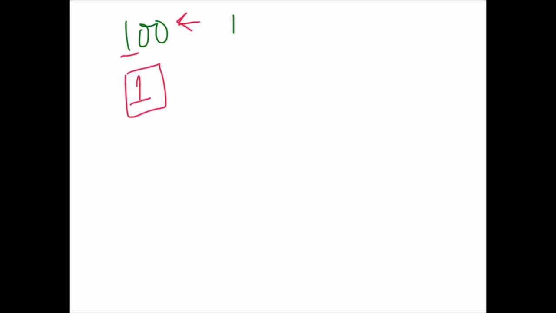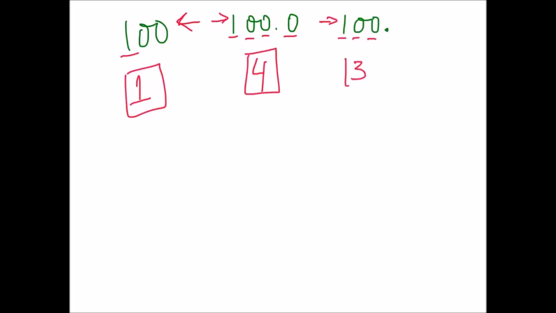What about this version of 100? This one does have a decimal, so we're going to start on the left hand side and find the first non-zero digit and count everything after it. So this one has 4 sig figs. Or you could even do one like this and just put a decimal point there and again find the sig figs. This one has 3 sig figs.